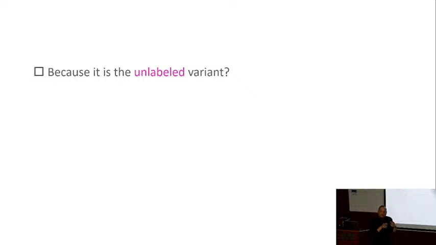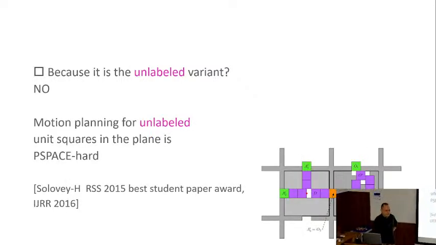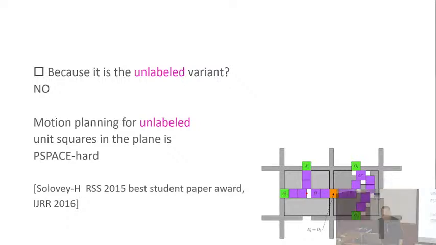So if it's unlabeled, it would be a low polynomial time algorithm. If it's labeled, it fits with the hardness result. But my student Kiril Solovey showed that unlabeled motion planning is hard. PSPACE-hard.